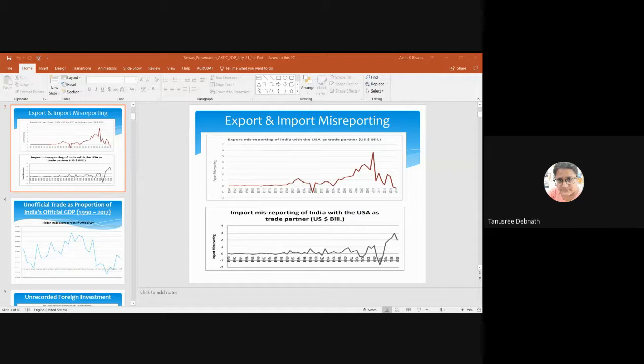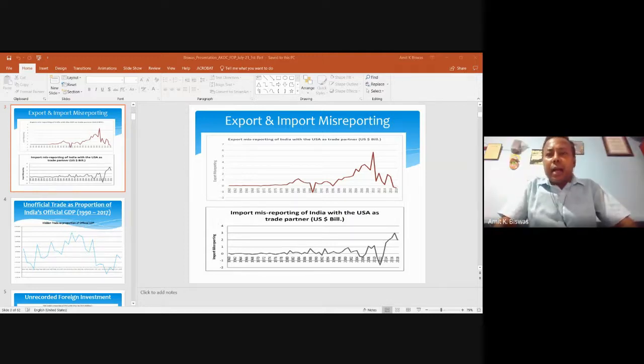Sir, she has to pay a higher import duty if she overreports. Maybe that's why. Very good, Tanushree. That's the answer. So basically, there is a trade-off.